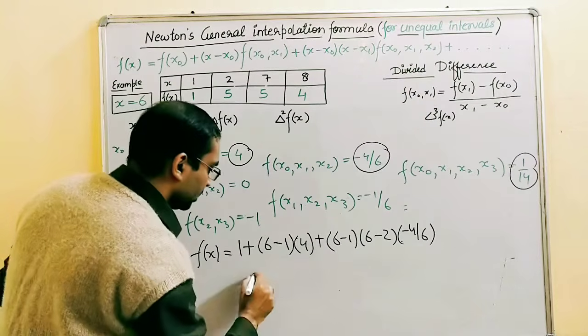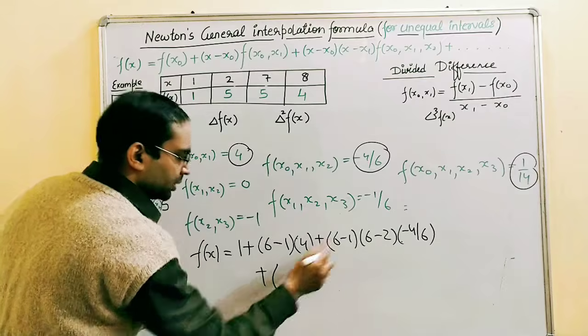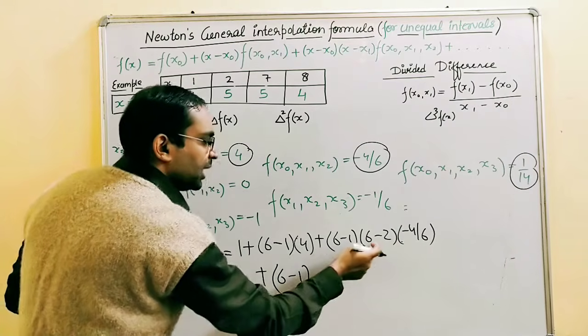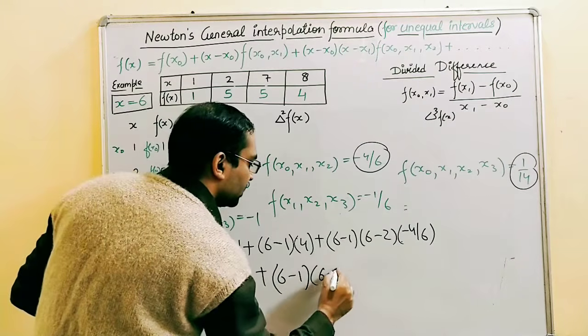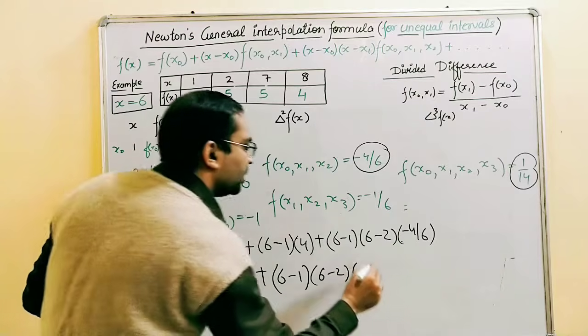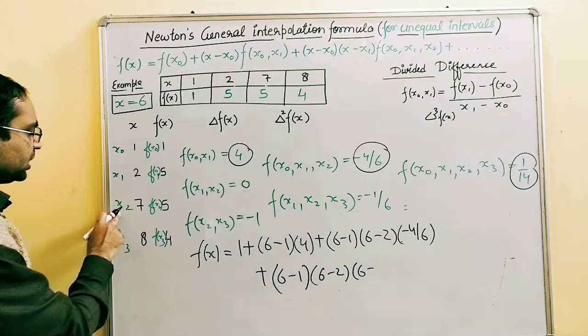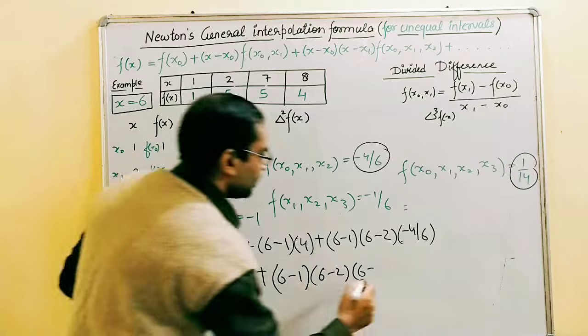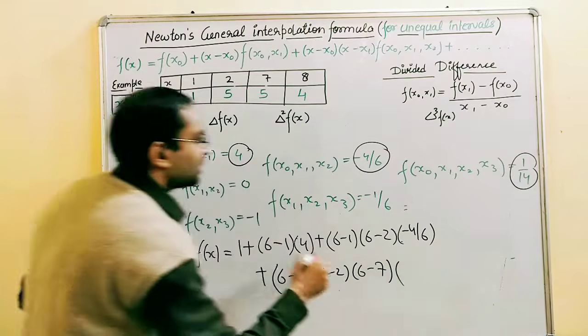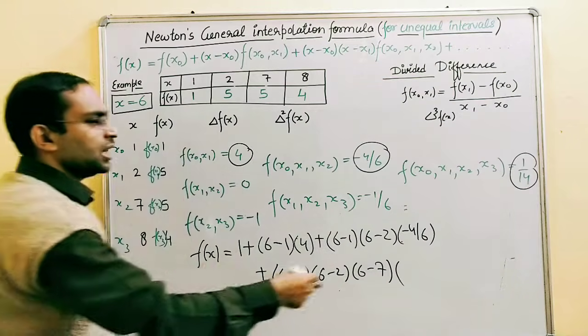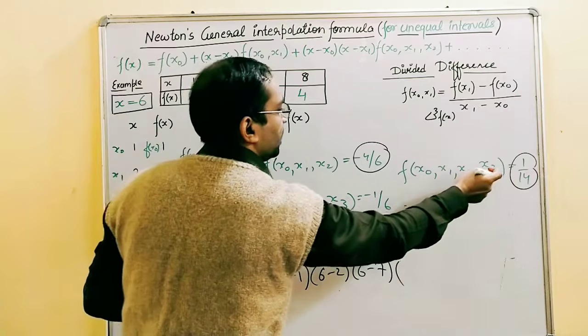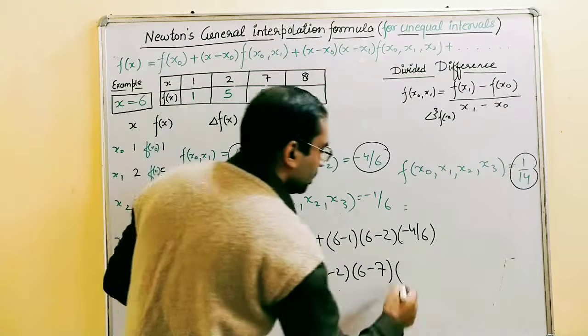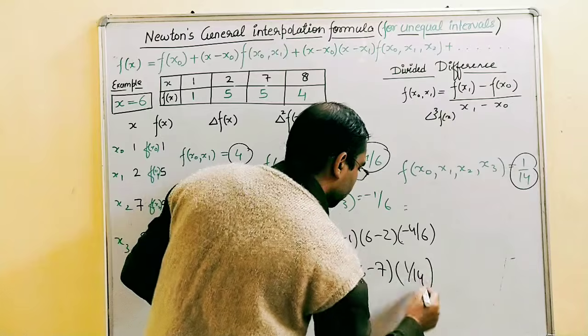So let me write the next term. This will be x minus x0, 6 minus 1, x minus x1, 6 minus 2 and x minus x2, that is 7. And lastly, the third divided difference, that is f of x0, x1, x2 and x3, that is coming 1 upon 14.